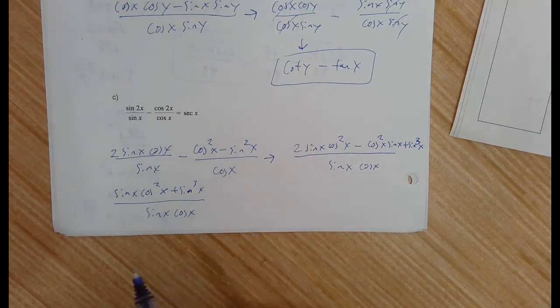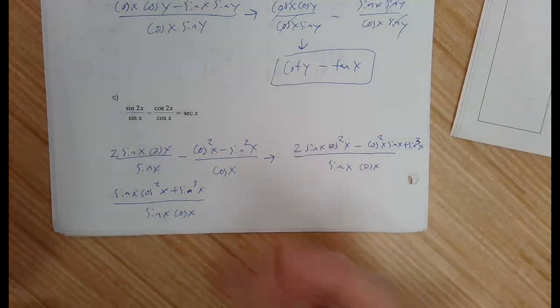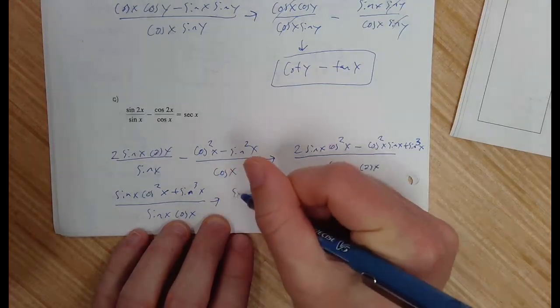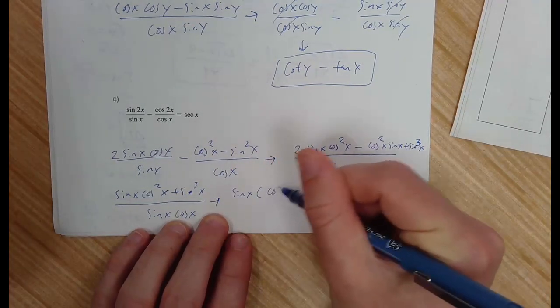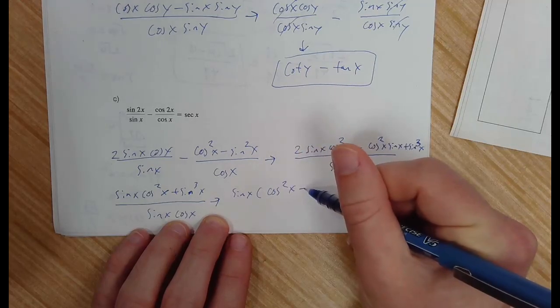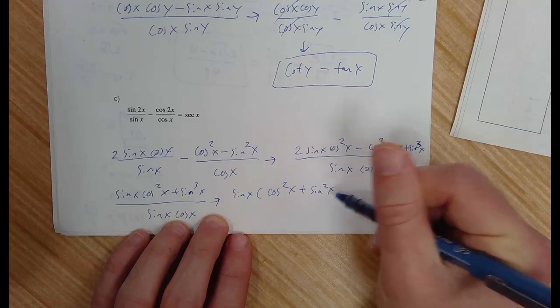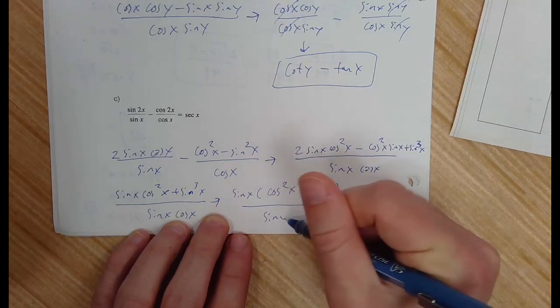That's a really good idea because you can make that big expression become 1, and I actually see that here. So what I'm going to do is factor out the sine x in the numerator. I'm going to rewrite it as sine x times cosine squared x plus sine squared x, over sine x cosine x.